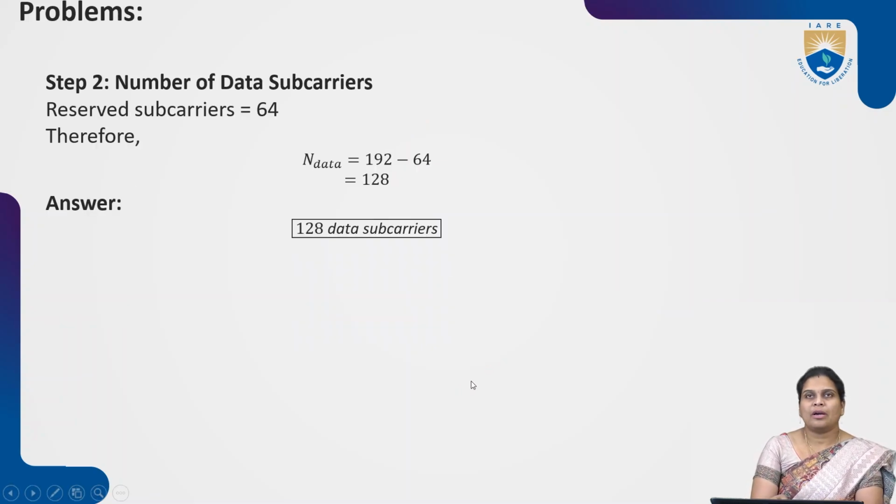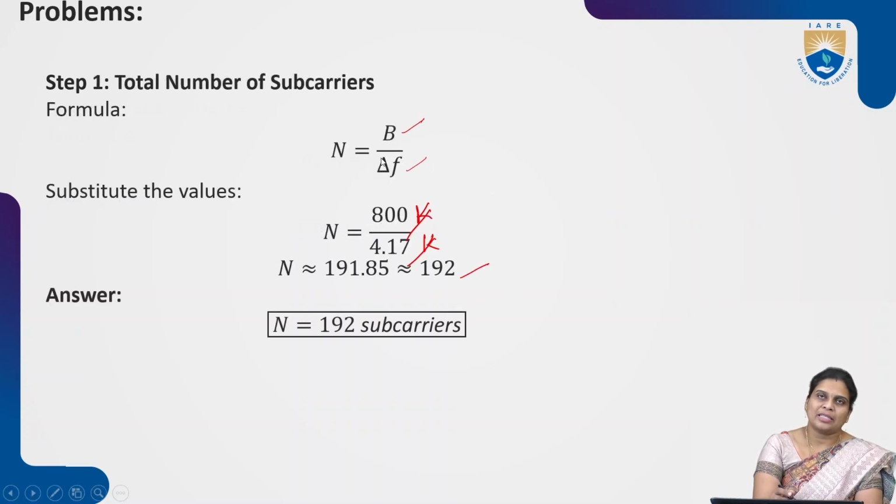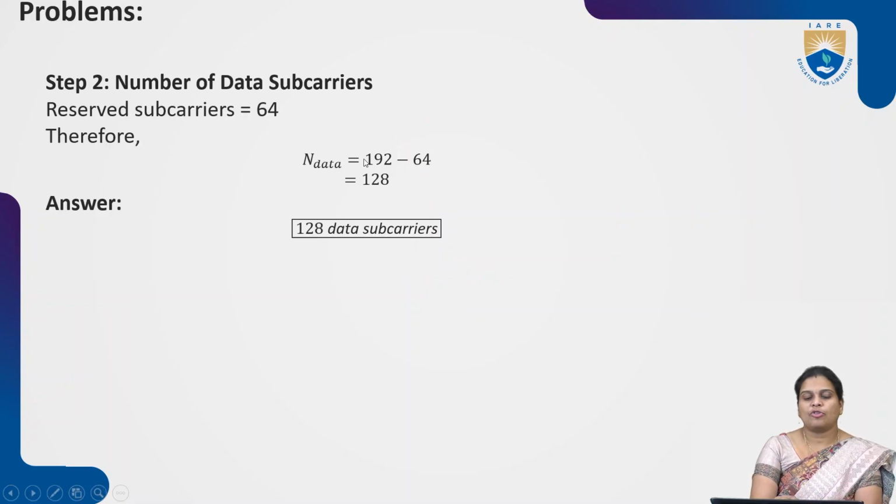Next, how many data subcarriers? Total subcarriers are there, but within them, how many are transmitting information? The total subcarriers are 192 and the reserved subcarriers are 64. The remaining are the data subcarriers, so 192 minus 64 is 128.